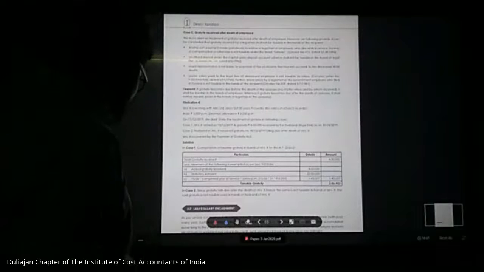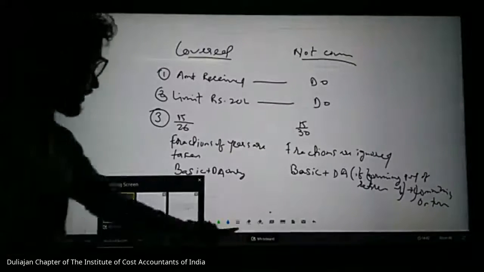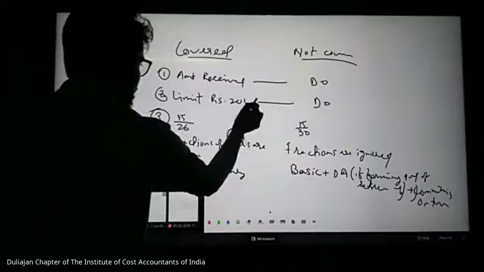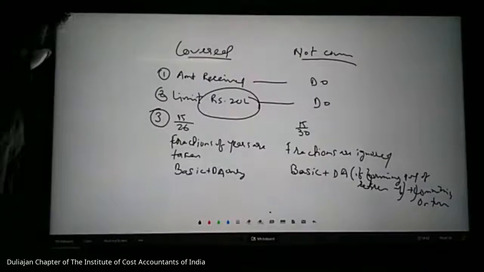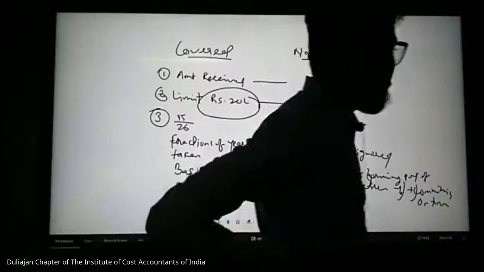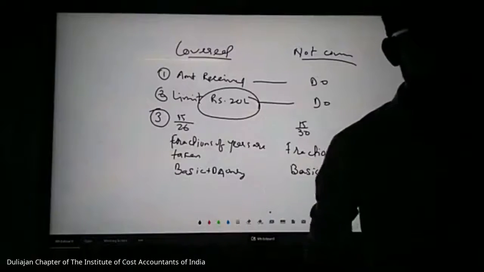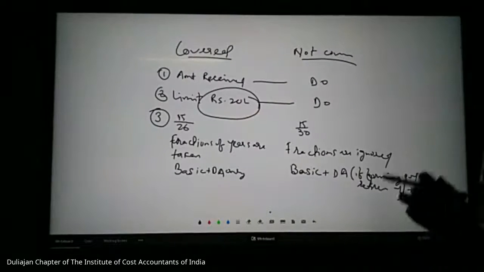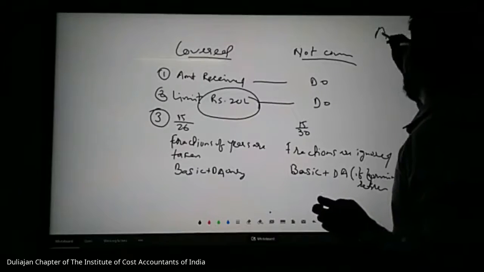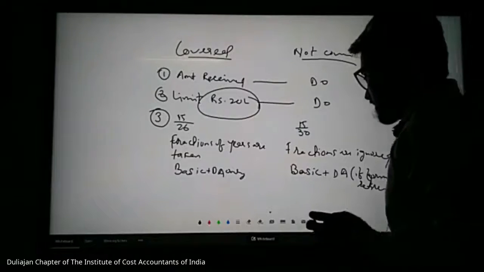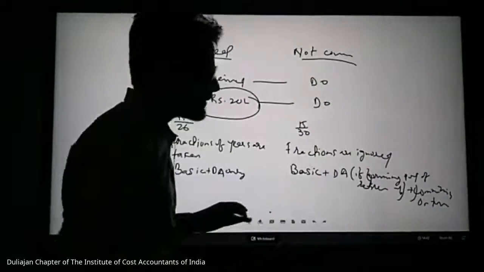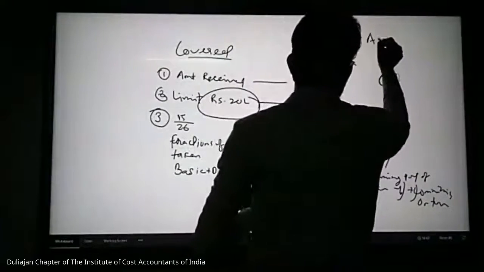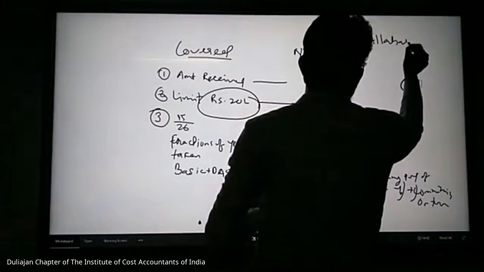One thing I want to tell you about this limit of 20 lakhs. During the tenure of your service, suppose, let me take my example, previously I was working in Allahabad Bank.